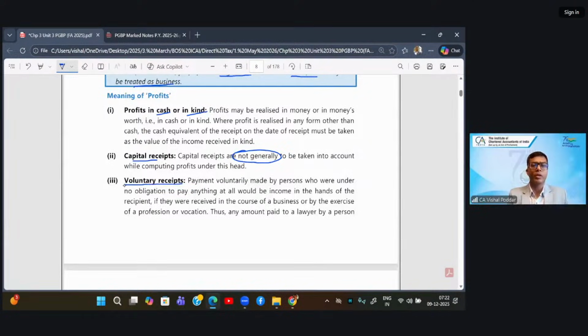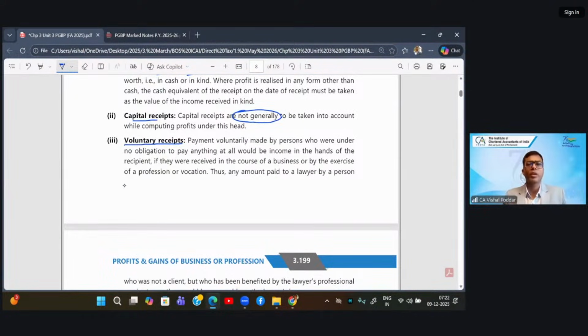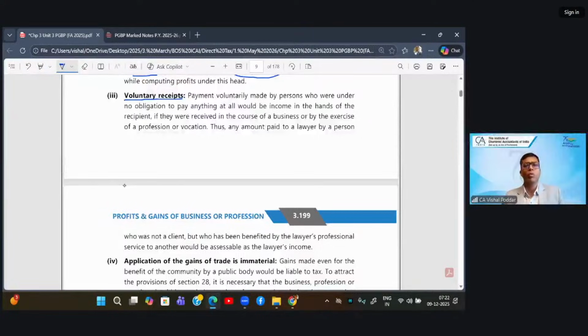Interestingly, voluntary receipts. Now, what are voluntary receipts? Voluntary receipts are those receipts where you did not have any contract, where the person was not bound to pay that amount. However, the person paid that amount out of their own wish. Now, the question is whether this will be treated as a business receipt.